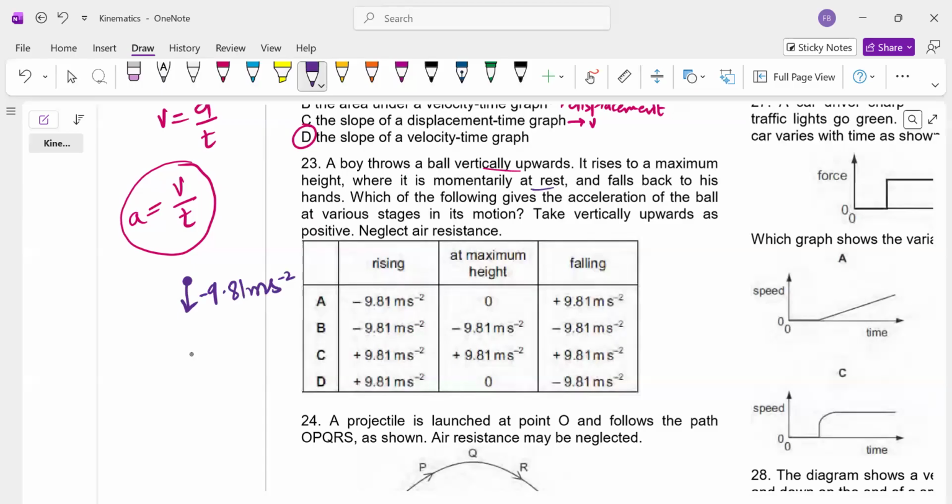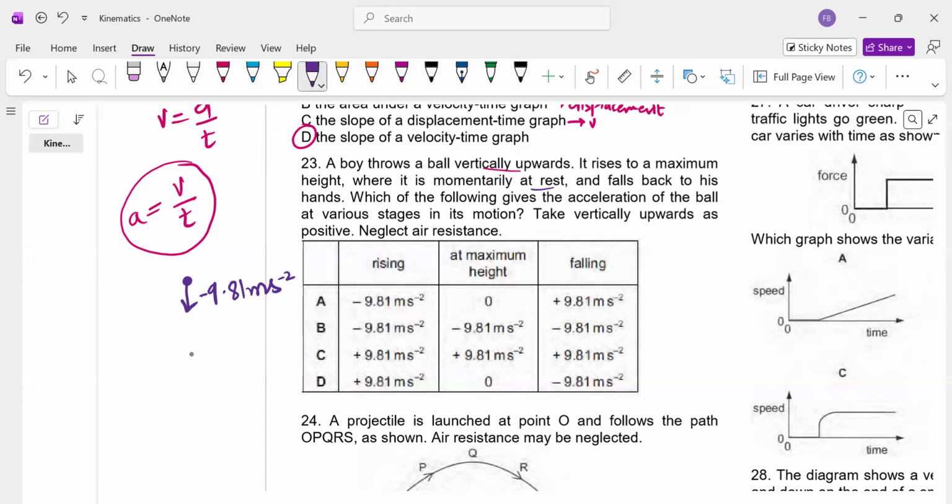What is meant by momentarily at rest? For one moment it will be at rest. It can be at rest just for a microsecond maybe, but it will come back to the earth and fall back. So when the ball is falling back, it means it has gravitational acceleration that is pulling it downward.